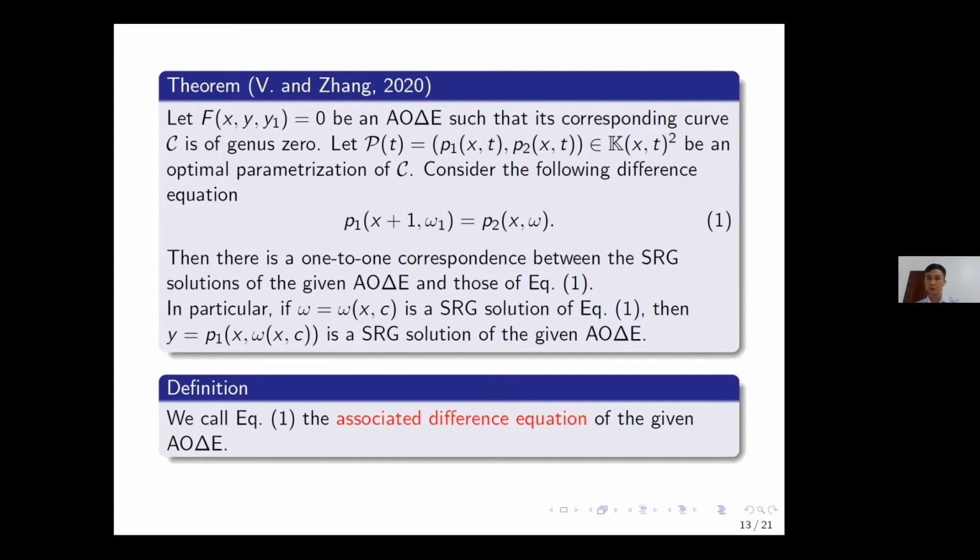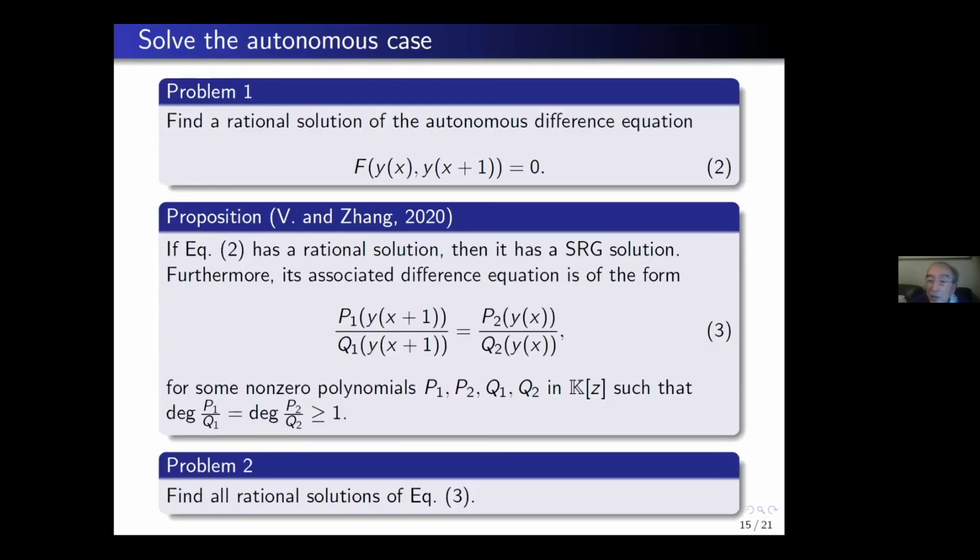Are you talking about the differential or difference case or both? No, the difference case. Suppose instead of x, y, y1, you have x, y, y1, y2. Then you might have a surface instead of a curve. Is this viable, if we increase the order to second order?